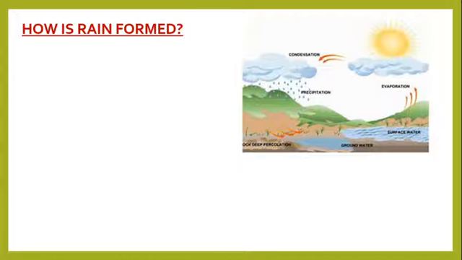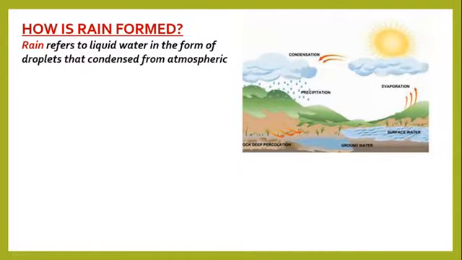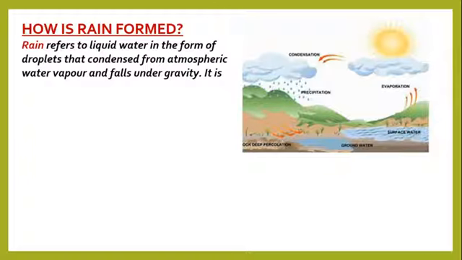Alright, we're saying that rain refers to liquid water in the form of droplets that condensed from the atmospheric water vapor and falls under gravity.